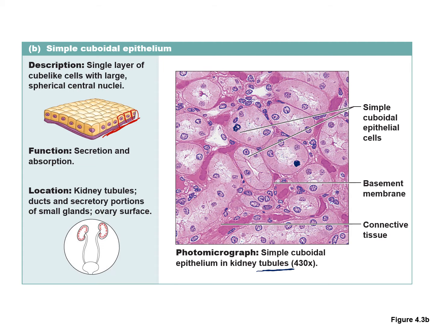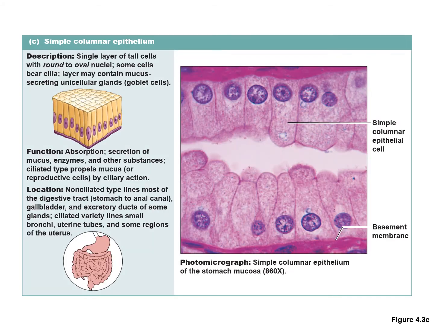Again, here we go. Simple columnar, again, description. It's one layer. Cells are columnar, right? So you can see here some description. You can read more about it. Some have cilia, some have microvilli. Function, absorption and secretion.